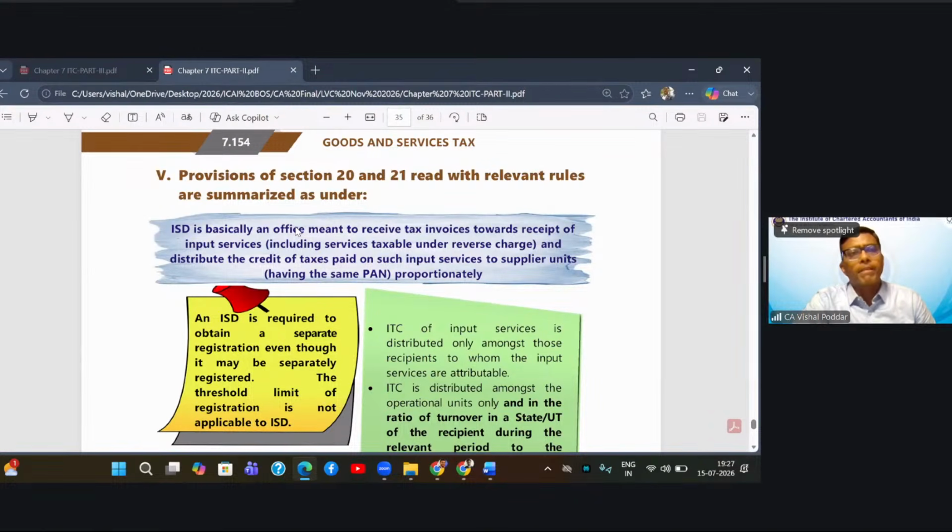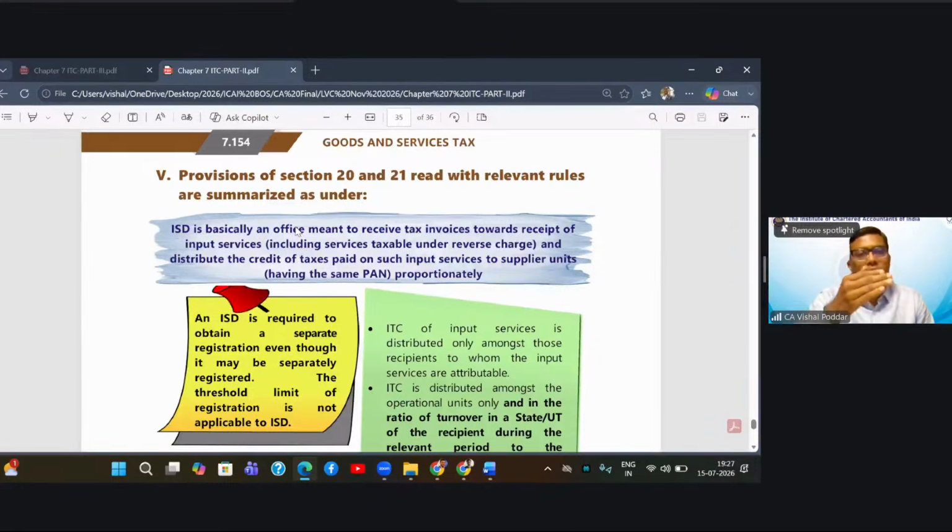So the GST law, following the footprints of the earlier service tax law, has brought this concept of ISD. What it says is that let your head office or the corporate office have a special registration. So one, you have already registered it along with all your units. Let us call it the normal registration.